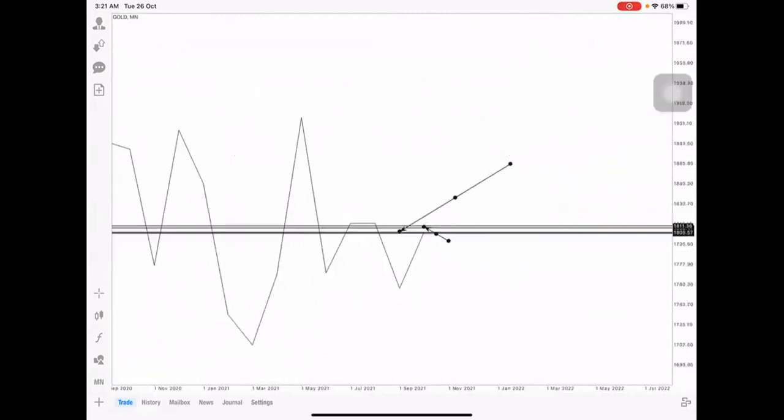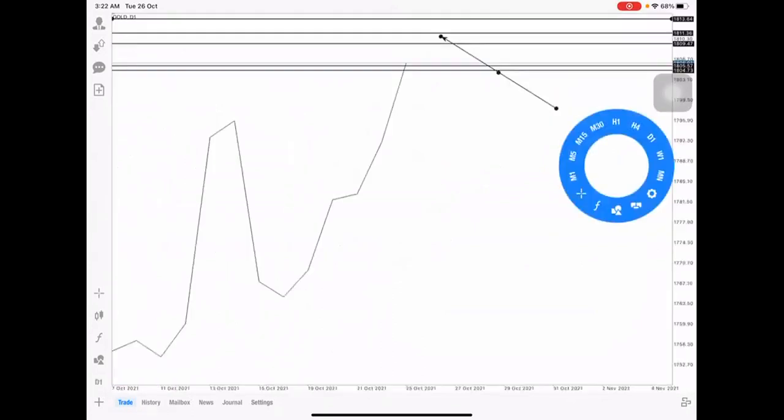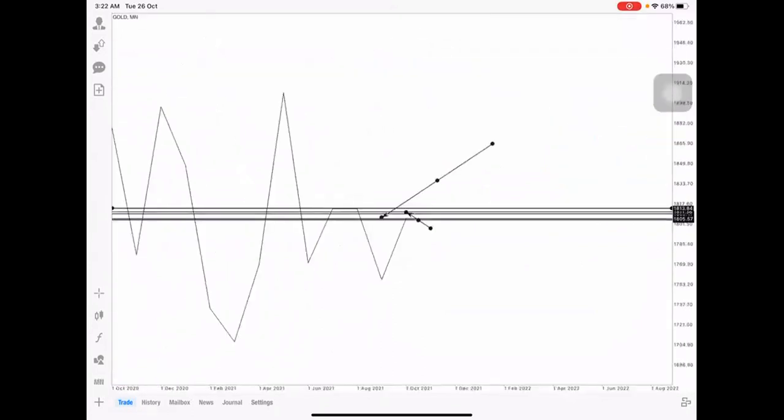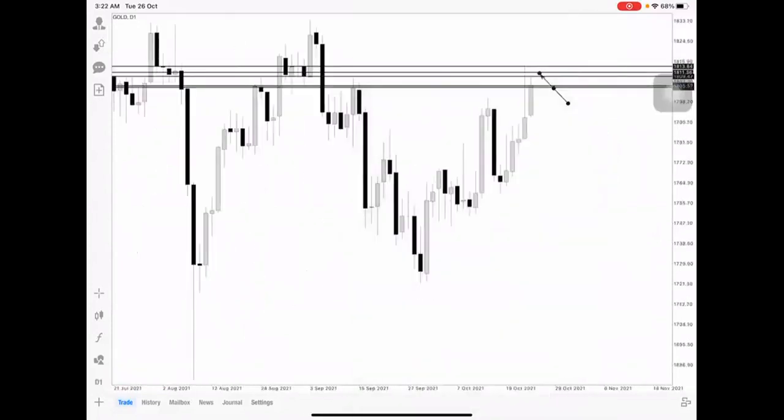But I'm still waiting at this level, 1813.84. I'm waiting here, waiting for price action. But I already sold. Okay, I send to you all.